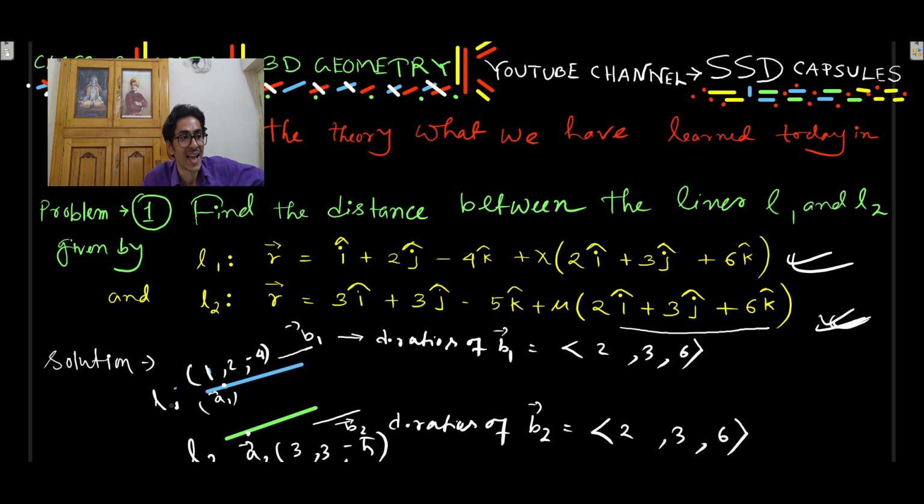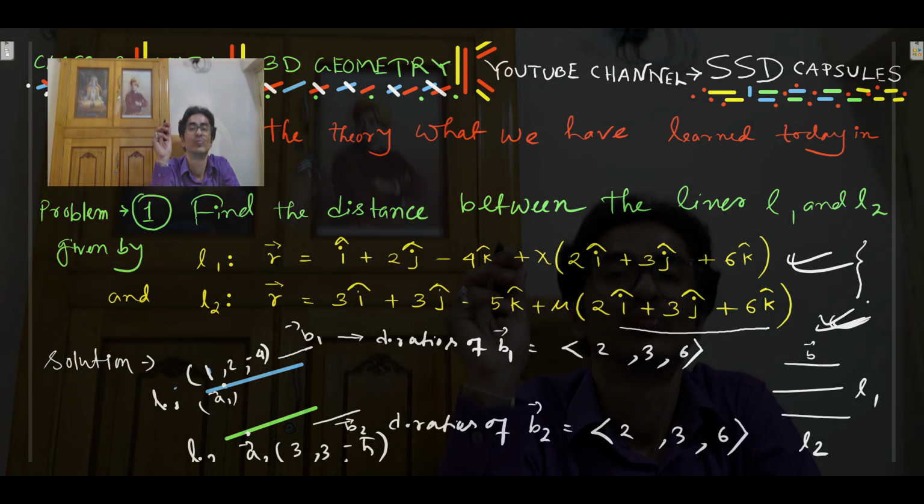So lines L1 and L2 are both parallel to B vector. So these two lines L1 and L2 are parallel. This is how, from the given problem, we can determine whether two lines are parallel or not. We just have to check this vector.